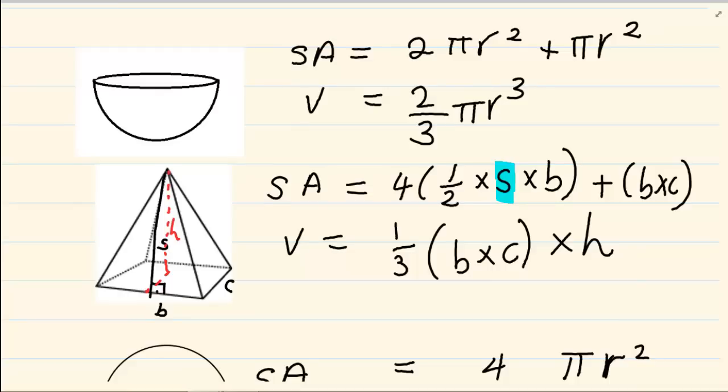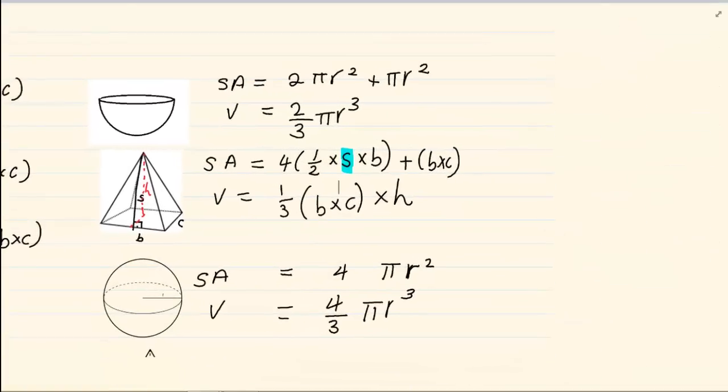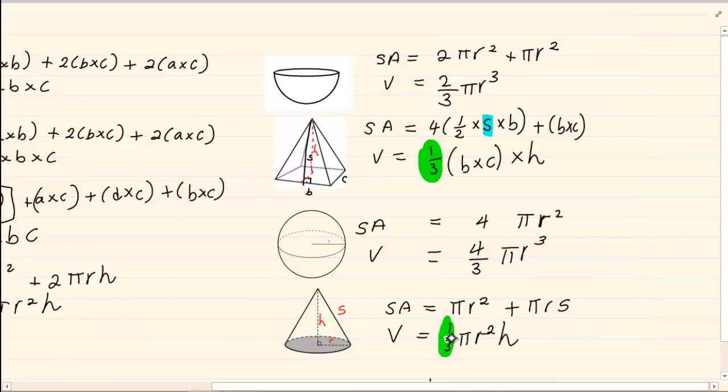Now the volume is an interesting one. What you would notice is when you're doing cones or pyramids, the one thing that they have in common is the third. Why? Because you're not taking the entire volume. You're only taking a third of that volume.